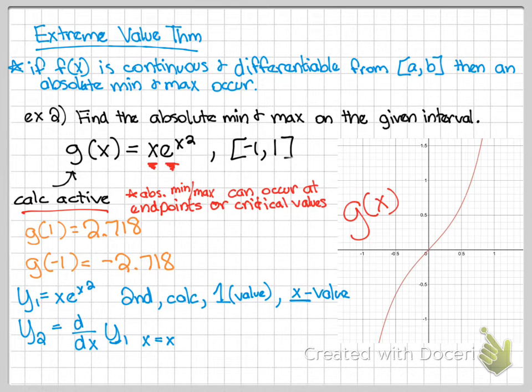Once I do this, I'm looking for where it crosses the x-axis. If I look at this graph on the interval from -1 to 1, it doesn't cross the x-axis at all. So there are no critical values.